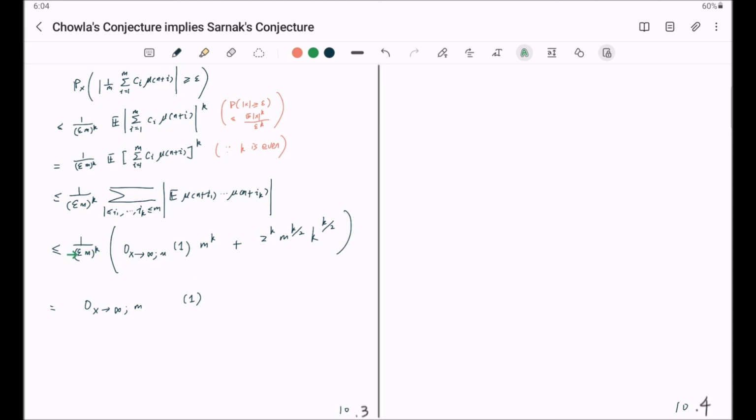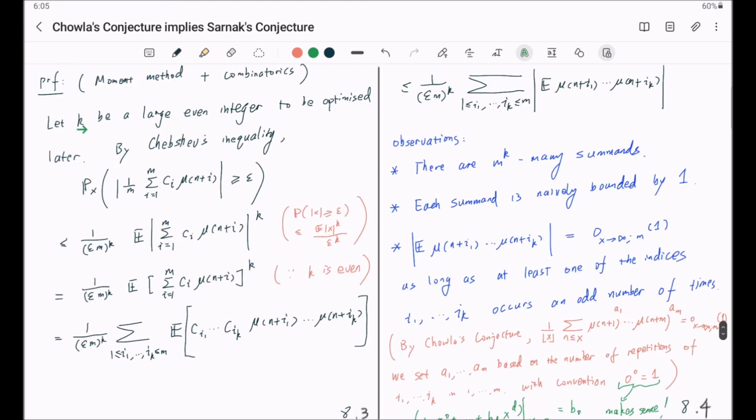Now, when we integrate this epsilon raised to the power k to here, there will be two new variables. This is the first part. The second part, remember at the beginning I said this k is a large even number to be optimized later. This k appeared in this application of Chebyshev's inequality. It's an exponent for the higher moments.